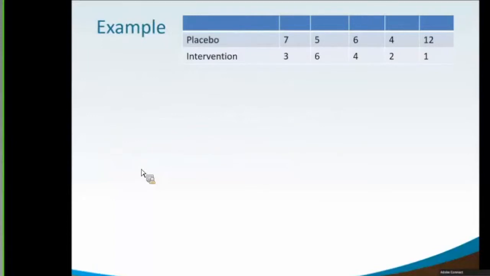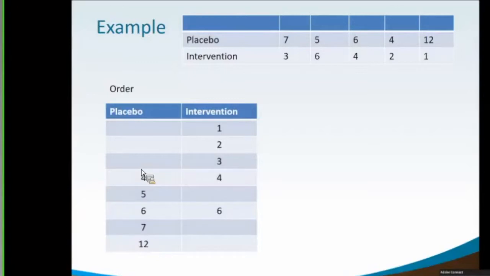So here's an example. I have a small group. I have 10 participants, 5 are intervention, 5 are placebo. Let's just say this is a new drug, and we're looking at the frequency of side effects. So what you do with the Mann-Whitney is you order them from the lowest to the highest, from the number 1 all the way to the number 12.